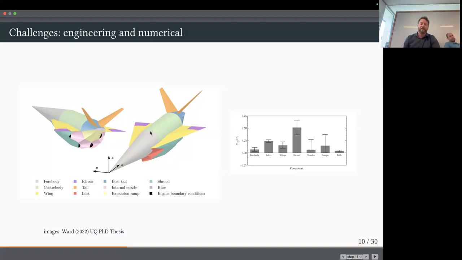To point out some of the engineering challenge, what I'm showing here was taken from Alex Ward's thesis. He's colored these things to show how he's going to account for the force. But the point I want to make is that as an inlet designer, we're really concentrating on its role as compression to the combustor and wanting to maximize that performance.